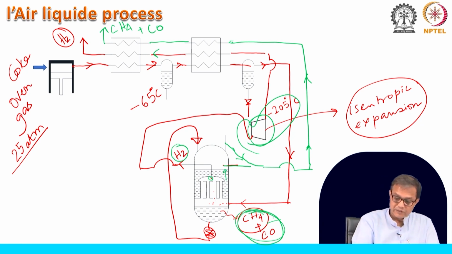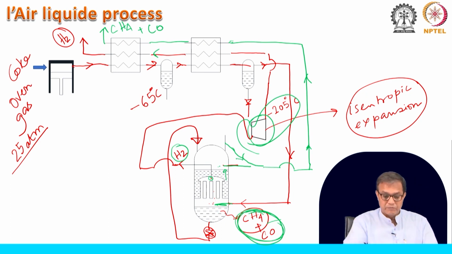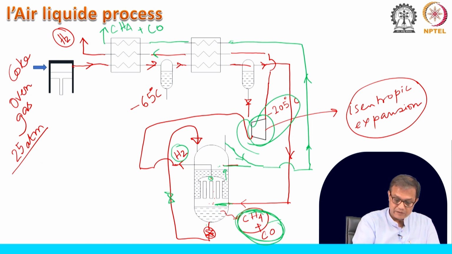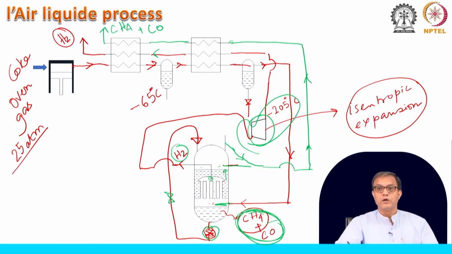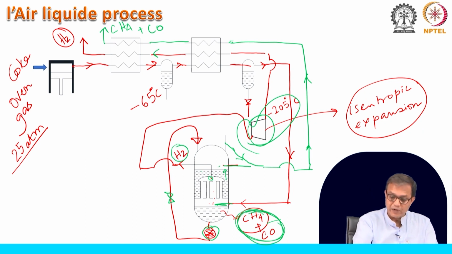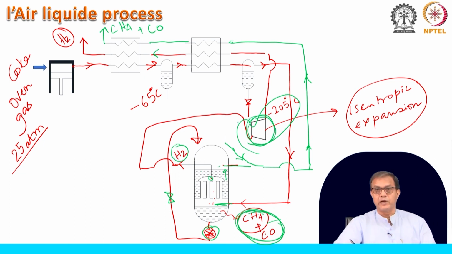That part was basically, at this point, the pressurized one. On this side when it has come, it is under low pressure, because we have expanded, as I have told you here, this is a JT expander. So, this JT expansion is done and finally, it is coming as low pressure liquid. So, that is providing the refrigeration, but the main refrigeration has been created with the help of this expansion engine.